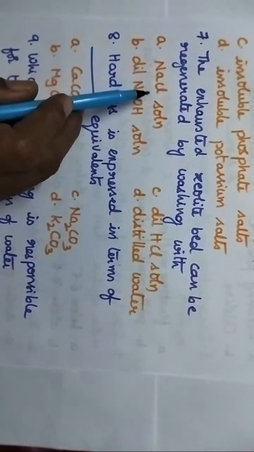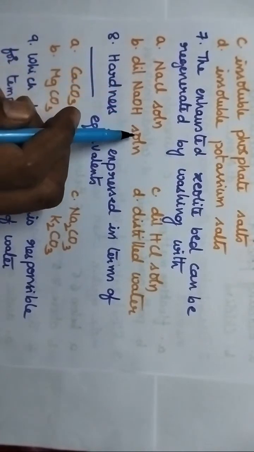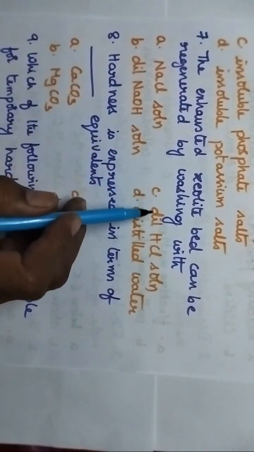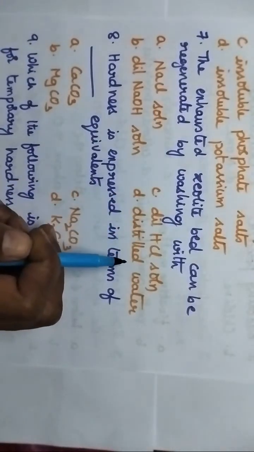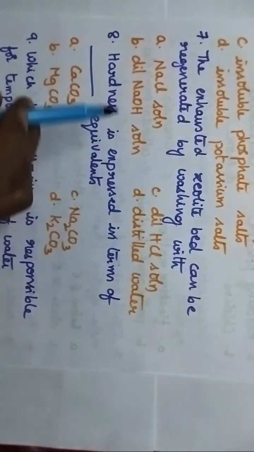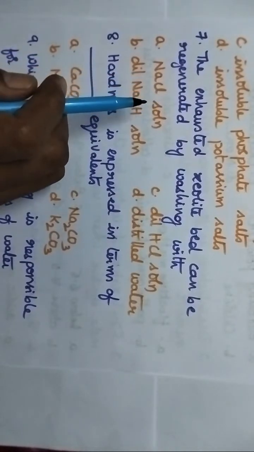Option A, NaCl solution. Option B, dilute NaOH solution. Option C, dilute HCl solution. Option D, distilled water. So option A, sodium chloride solution, is the right answer.